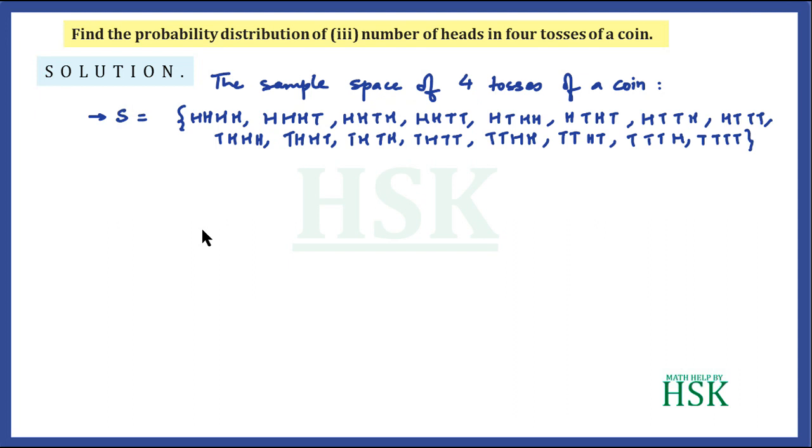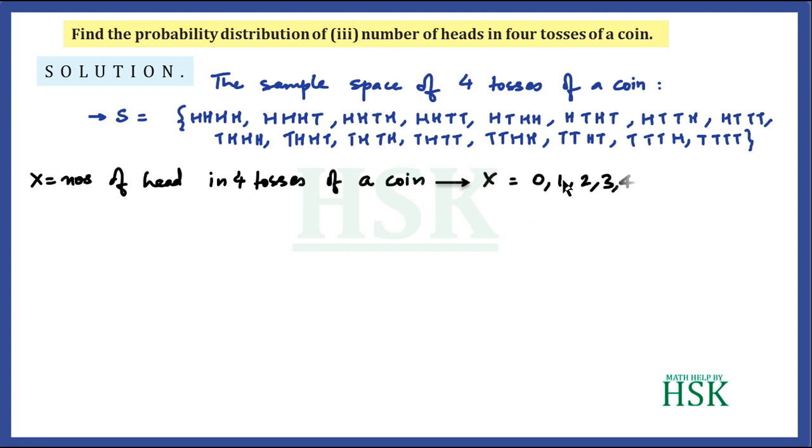And here we have to find the probability distribution of number of heads in 4 tosses of a coin. Therefore, we assume this random variable x, which is equal to number of heads obtained in 4 tosses of a coin. And it should be quite clear that x can take the value 0, 1, 2, 3 or 4, because when x is equal to 0, we are going to consider those conditions in which no head is obtained.